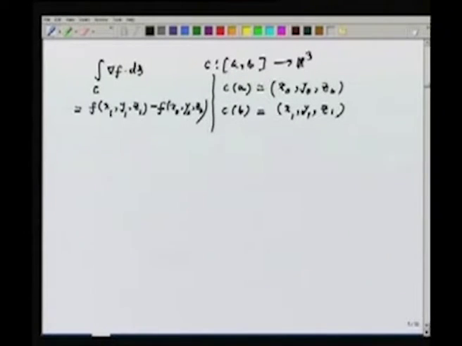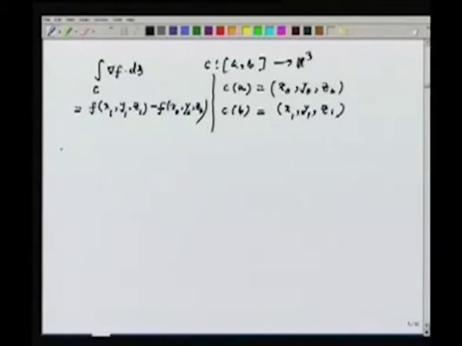This you can actually see is a very neat analog of the second fundamental theorem of calculus, that the integral of f prime is f(b) minus f(a). It is more or less an analog of that, and that is not just an accident. This result can actually be proved using the second fundamental theorem of calculus. So let us see how to prove this.